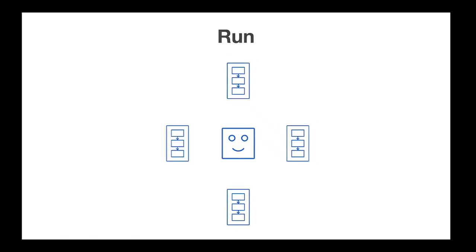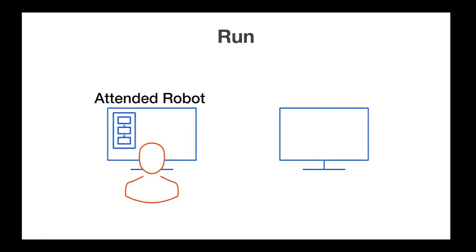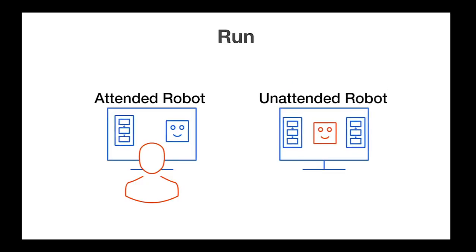Running automations is done through robots. Think of them as your digital workers that carry out the automation tasks. UiPath robots can run either attended on the same computers as human users or unattended on their own separate machines. If they run on the same machines, you want them to take over some of the human tasks in real time, acting upon predefined events.